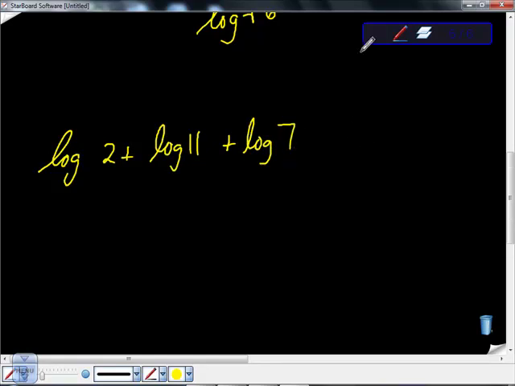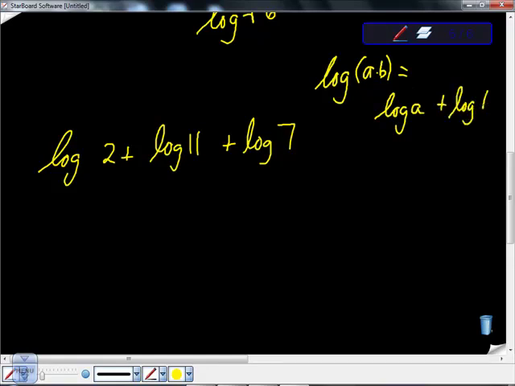Well, we know that there's a property of logarithms that says if we have log of A times B, that is equal to log A plus log B. So all I'm going to do is apply this rule backwards. If I have log A plus log B, it's the same as log of A times B. So check to make sure the bases are the same. This is base 10, base 10, base 10.